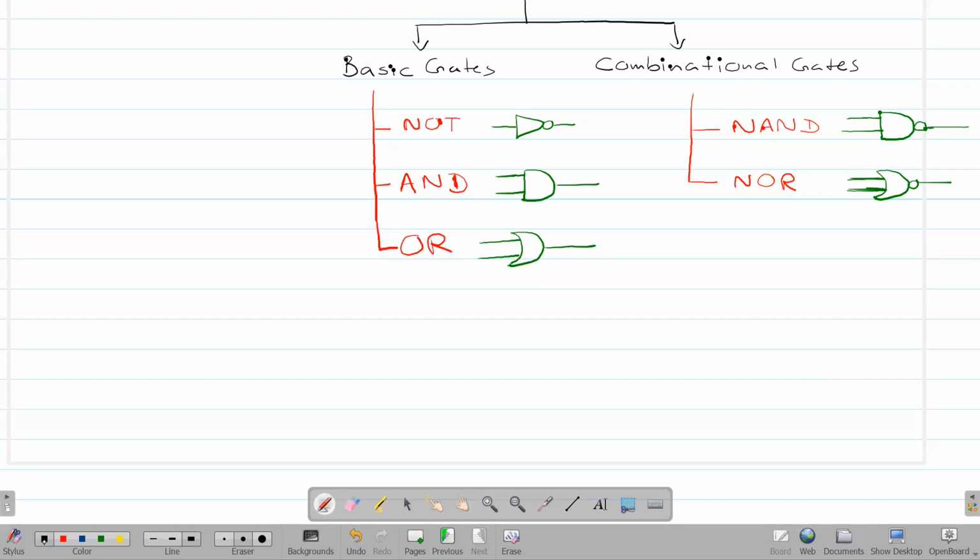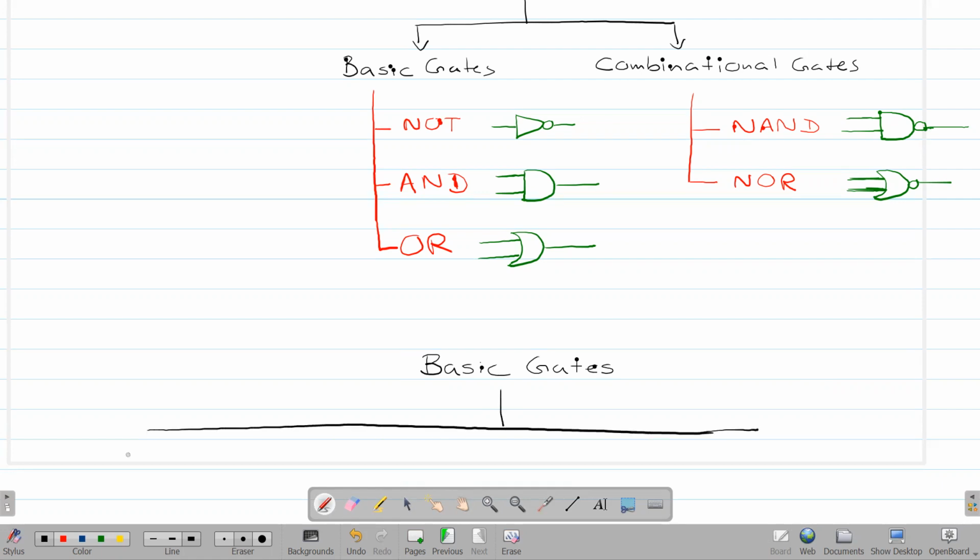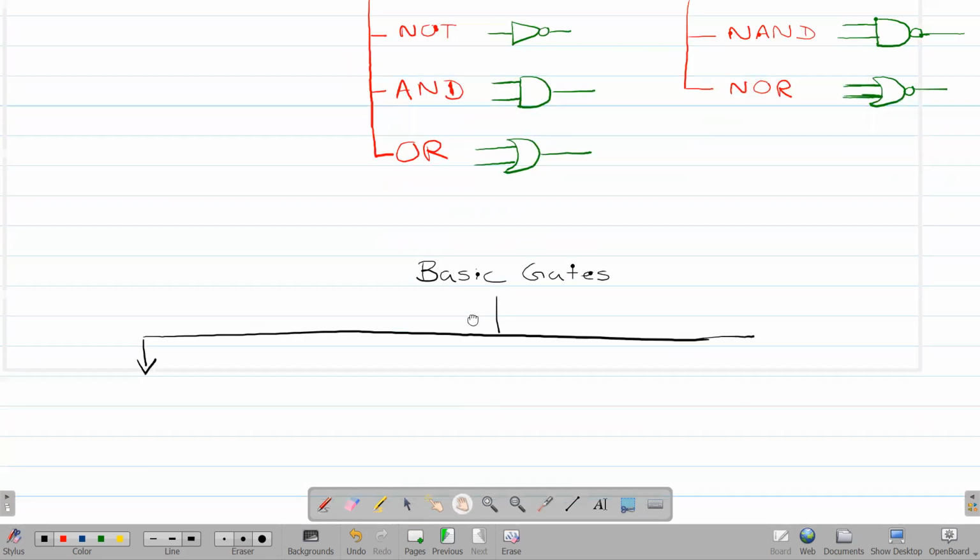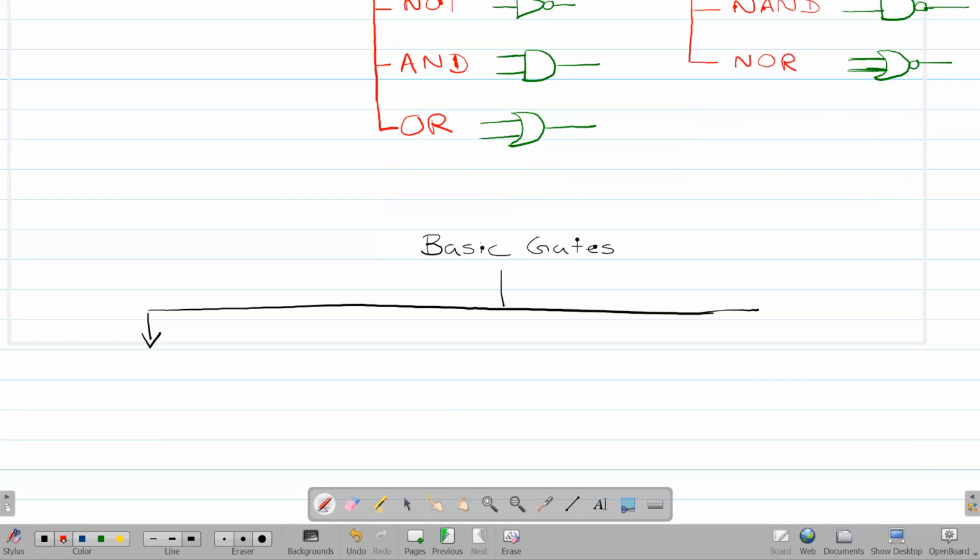So now we are talking about basic gates. When it comes to the basic gates, there are three types, you know it already, right? So the first one is called the NOT.